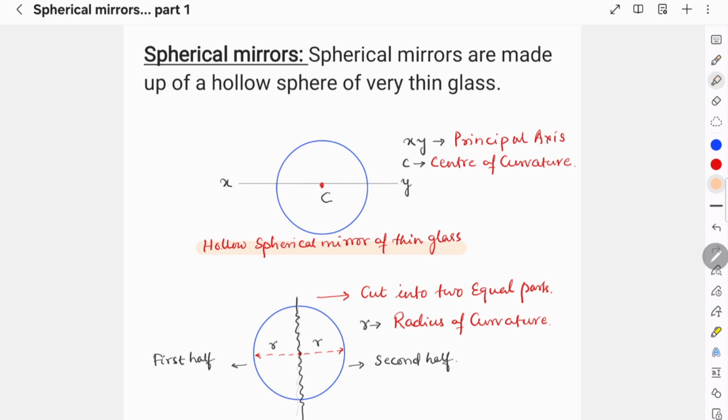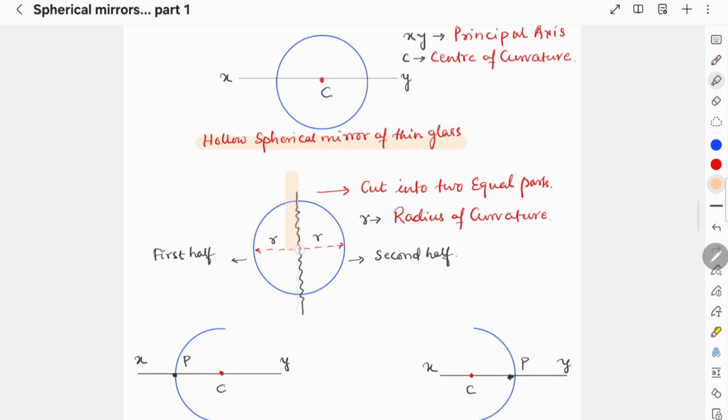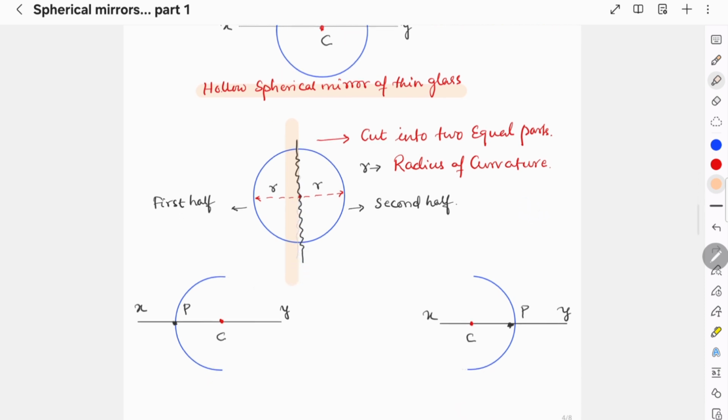When we cut this sphere into two equal halves, we get this kind of mirrors. This can be a concave mirror, and the other part can be a convex mirror.